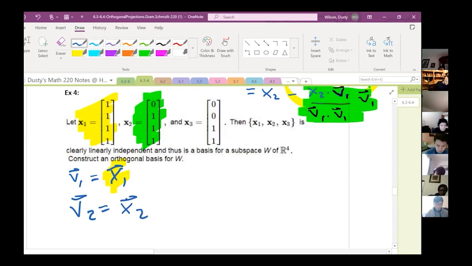And so we've got to subtract out, or kick out of the way, all of the part of X2 that's pointing in the wrong direction. So how much is pointing in the wrong direction? Well, it's the part of X2 that's in line with V1.